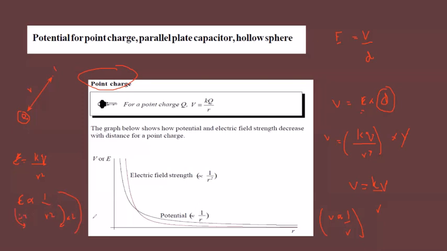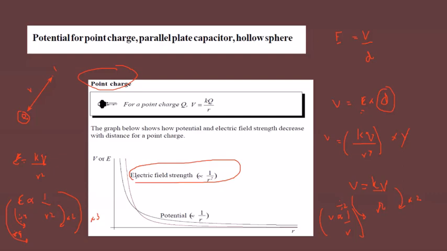If I triple the distance, electric field intensity will be divided by the square of that number, so it will decrease by 9. But for electric potential, if the distance is doubled, what will happen to voltage? Voltage will be divided by 2. It shows an inverse relation. So the two graphs, one is for electric potential, another one is electric field strength.